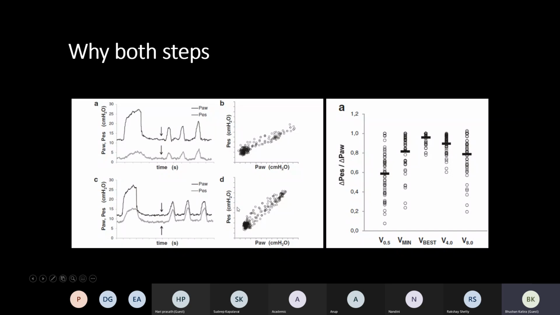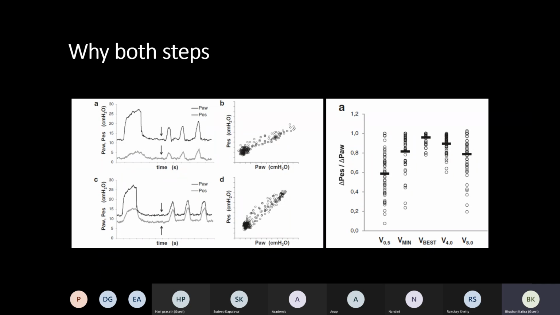And that relationship of delta esophageal to delta airway pressure, which we said should be between 0.8 to 1.2, or 80 to 120%, rather close to 1, is key to knowing that your esophageal pressure is measuring the right thing. And that is probably best close to 1 when you're at volume best. So this is the reason why we should do both steps.